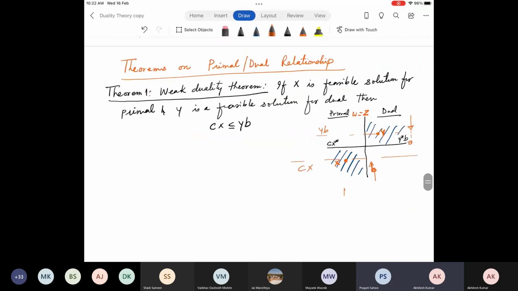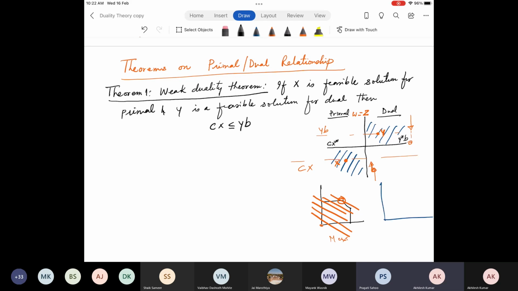Just to explain, when you try to solve a maximization problem, we draw lines like this. We start with an inferior solution and try to reach the best solution. Is that correct? This is the maximum.